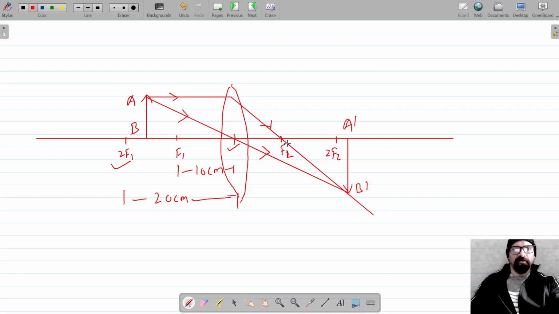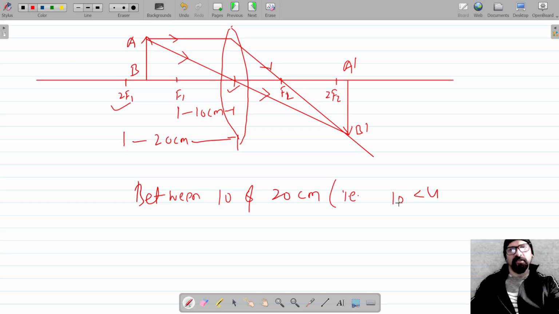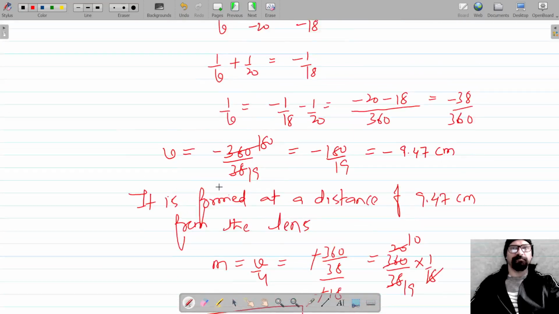So the object distance u should be greater than 10 centimeters but less than 20 centimeters. That is the range of the object distance.